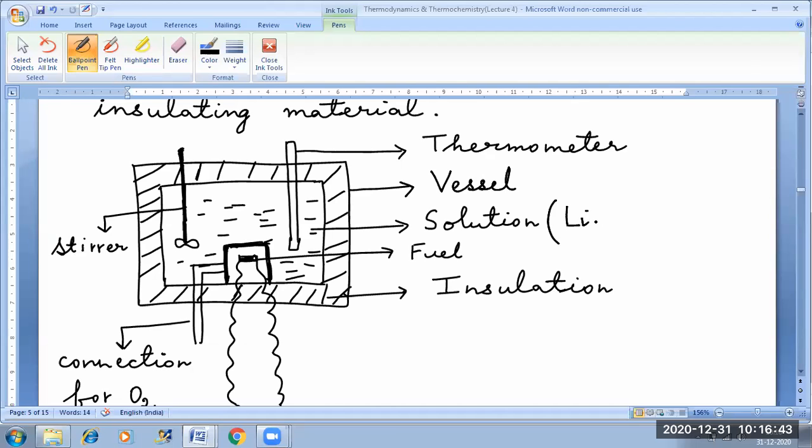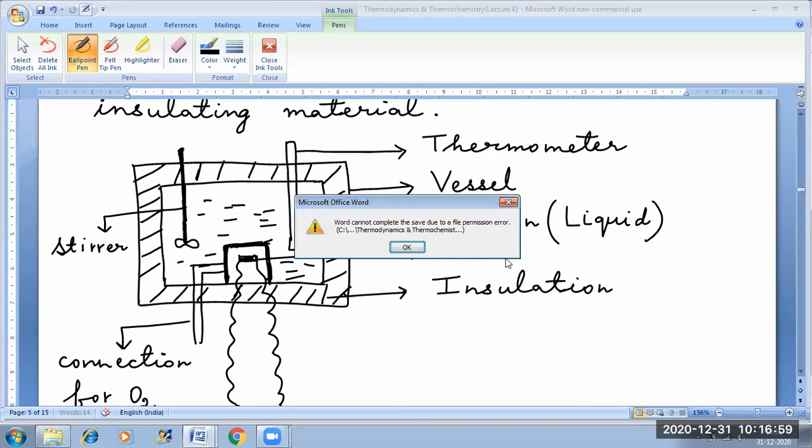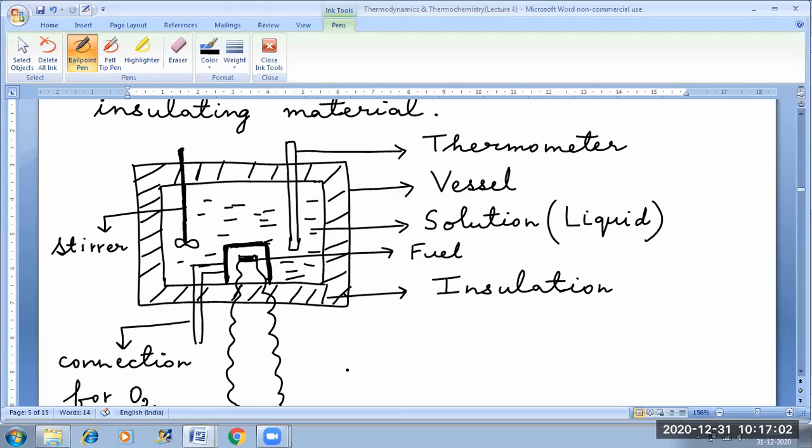Some books call it liquid. Either you call it solution or you call it liquid. The liquid may be water, usually it's water, but I'm not writing water because at times it can be something different. So just in order to maintain the general term, I'm using solution or liquid as a term.